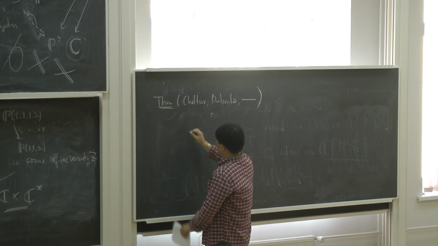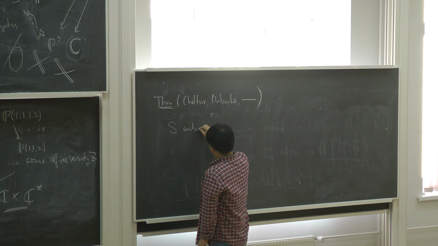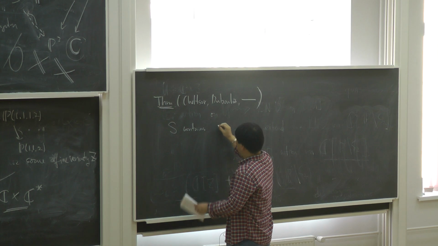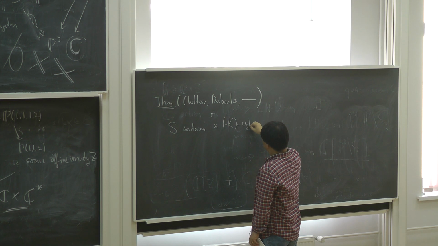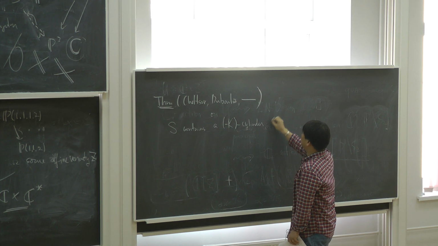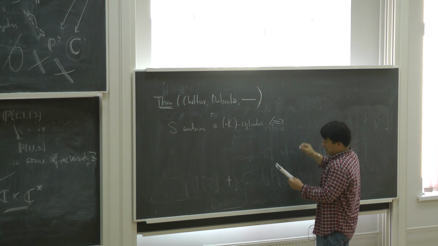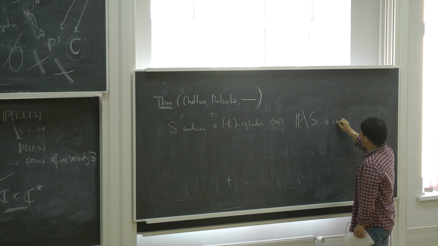All right. So F_S contains a minus K cylinder, if and only if this complement is cylindrical.